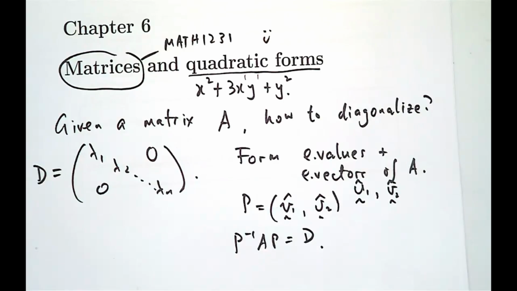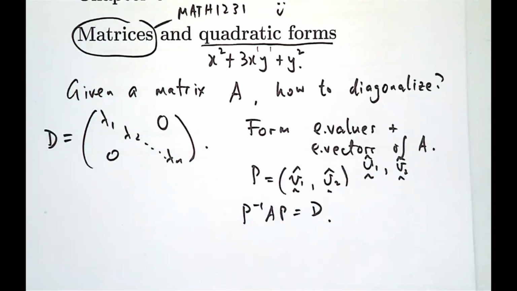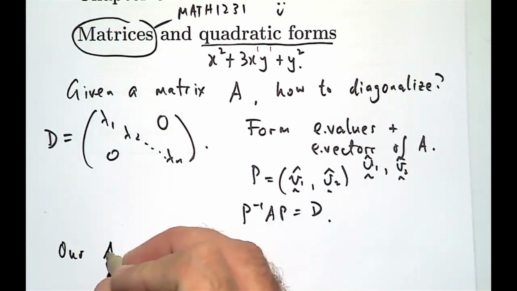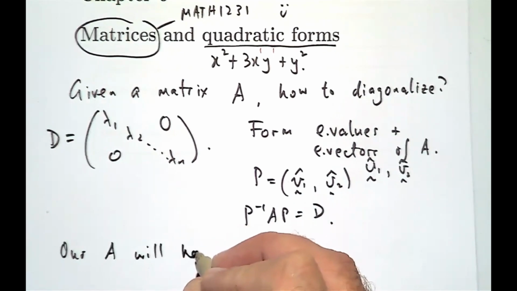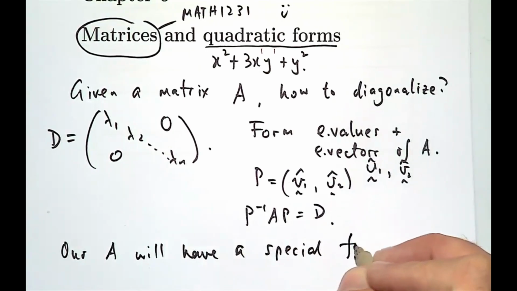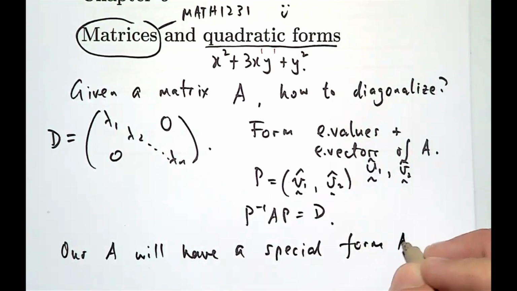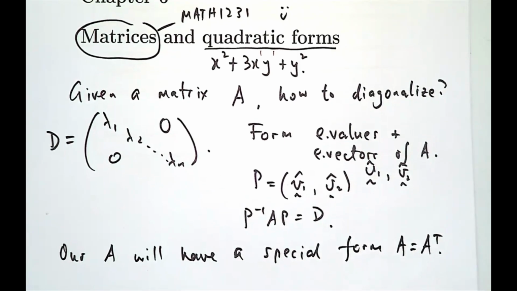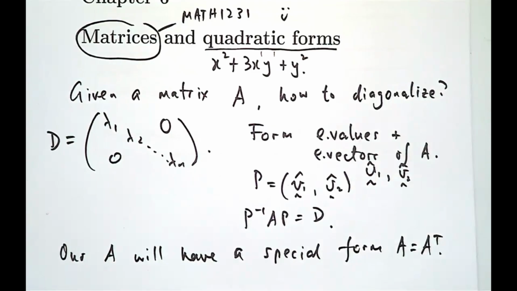Now, the kinds of matrices that we're going to deal with have a special form, such that the matrix and the transpose of the matrix are the same.